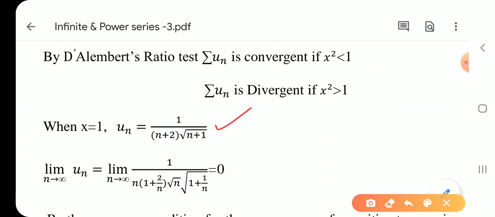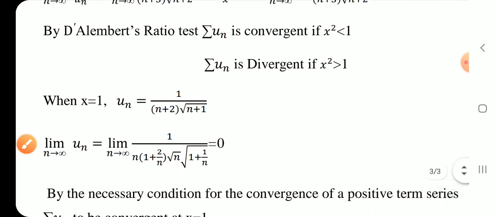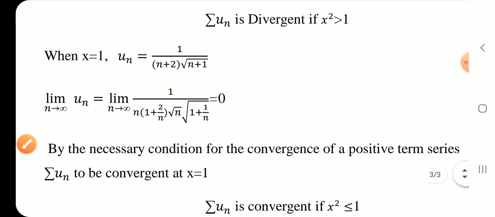We have studied the necessary condition for the positive series. By the necessary condition of the positive series, if the limit of un is 0, then the series is convergent. If it is not equal to 0, the series is divergent. So let us apply.